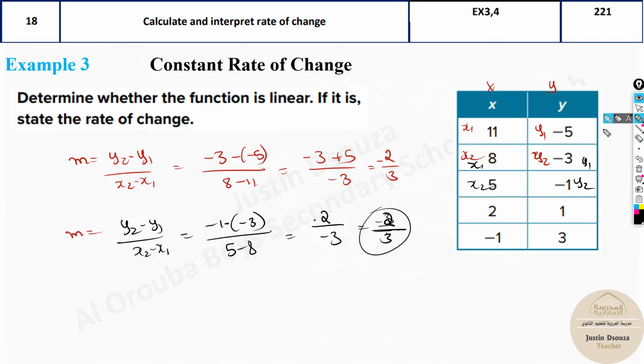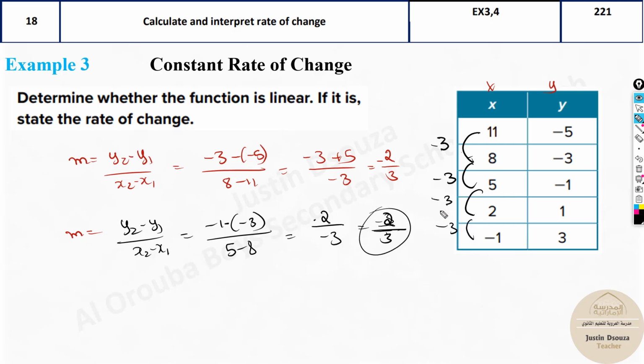But what is the other method? I'll just clear this off over here. Now what you do is see the difference. What is the difference of x from one entry to the next? 11 to 8. That is decreasing by how much? Decreasing by 3 units. Now from the next entry to the next, it should also be -3 units. -3, -3.